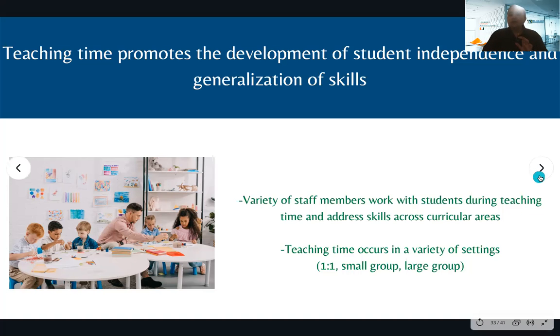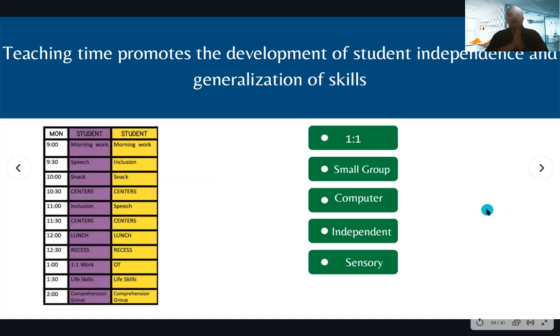So I'm going to give you some examples of things that I found online, but I always like to have these five little centers: a one-to-one, a small group, computer, independent, and a sensory. I usually would do the one-to-one with the students.